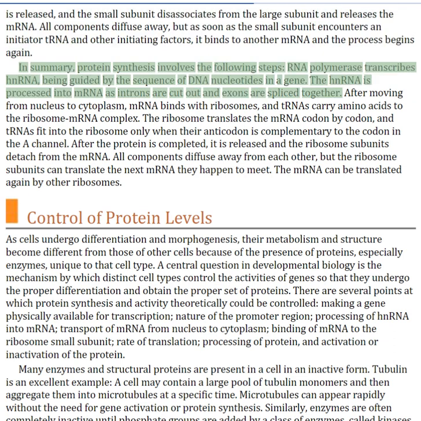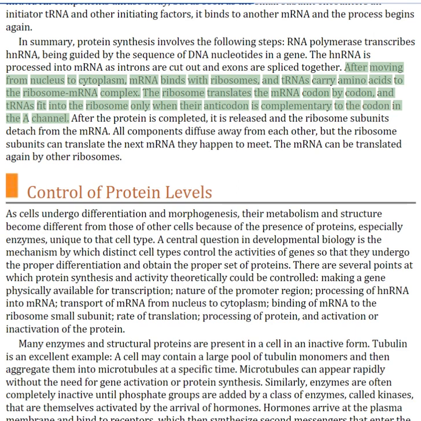In summary, protein synthesis involves the following steps. RNA polymerase transcribes hnRNA, being guided by the sequence of DNA nucleotides in a gene. The hnRNA is processed into mRNA as introns are cut out and exons are spliced together. After moving from nucleus to cytoplasm, mRNA binds with ribosomes, and tRNAs carry amino acids to the ribosome mRNA complex.